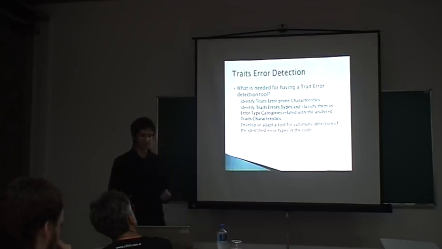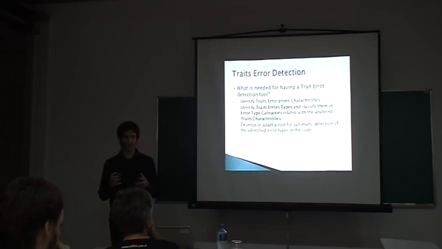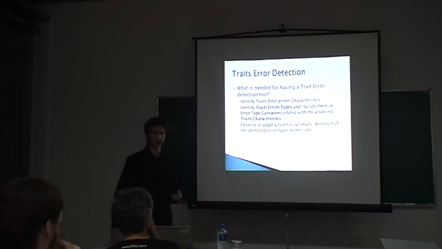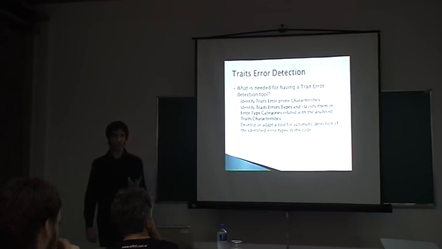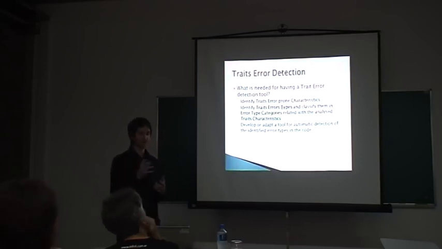So in this way, we are going to see what specific characteristics traits have, and analyzing those characteristics you can find trait error types, and that way you can classify the errors by similarity or by which characteristic is related to the error that happened, right?